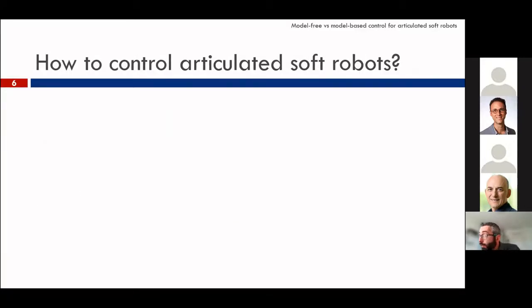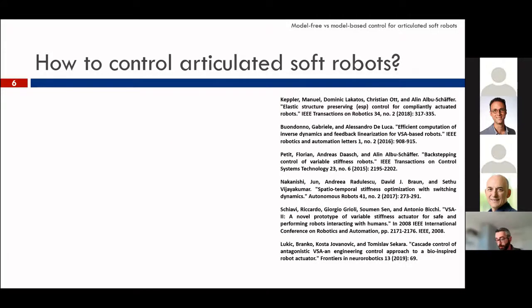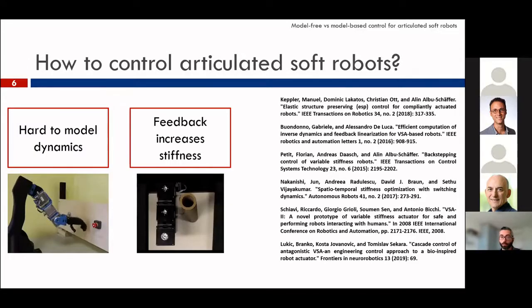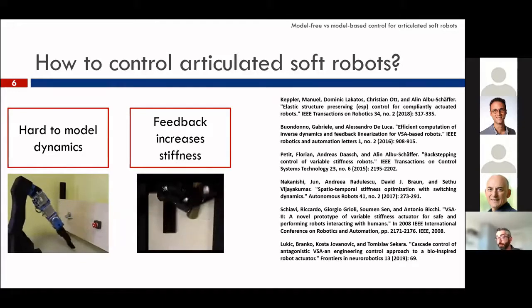To control articulated soft robots, the literature proposes several solutions, but most of them present one or two drawbacks. The first one is that they require an accurate model of the system. The second one is that they usually rely on feedback, and feedback increases the stiffness.